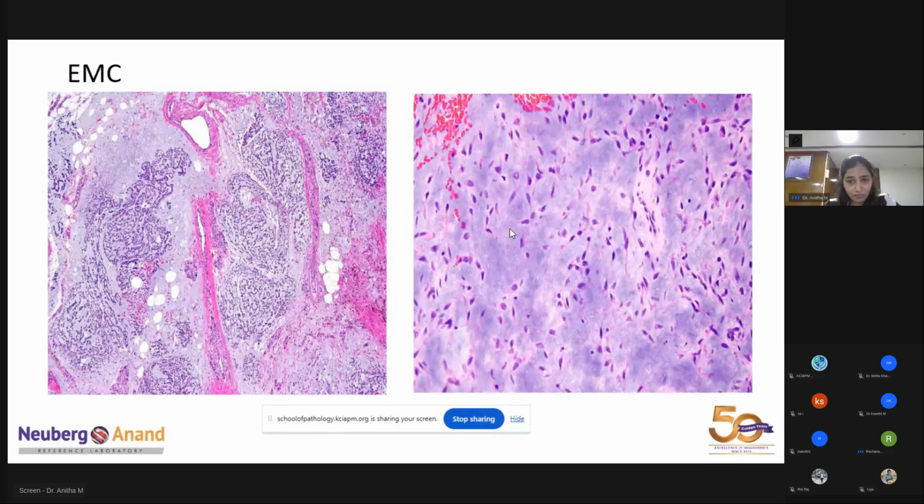But here the spindle cells with long cytoplasmic processes are there, and there are areas of hemorrhage affecting these lobules. Further discussion of the differential diagnosis of EMC will be given by Dr. Shilpa.